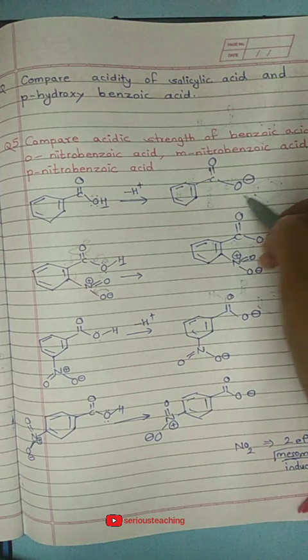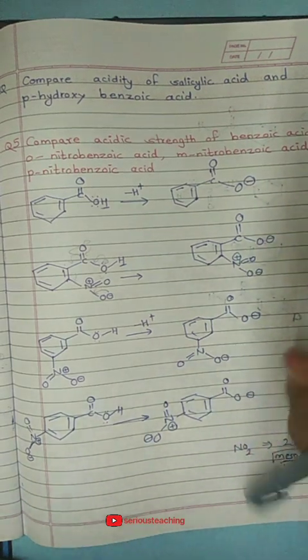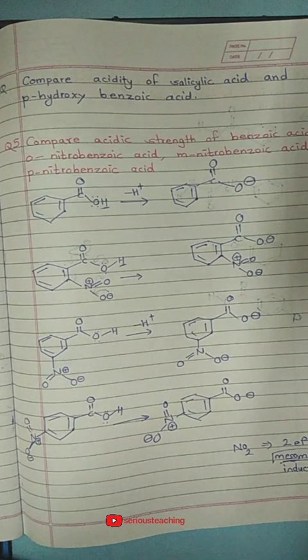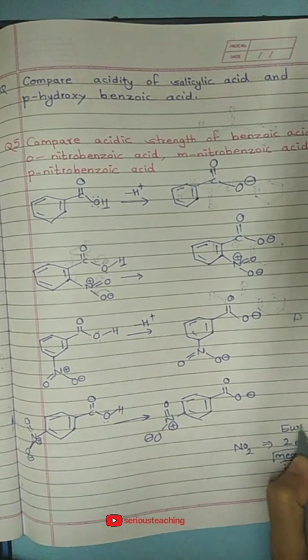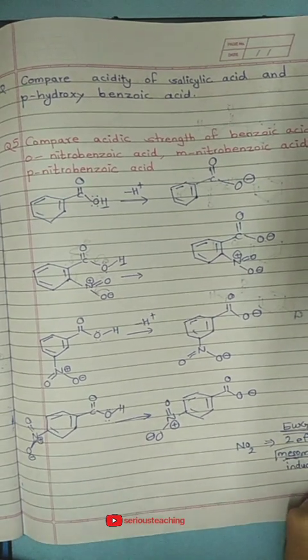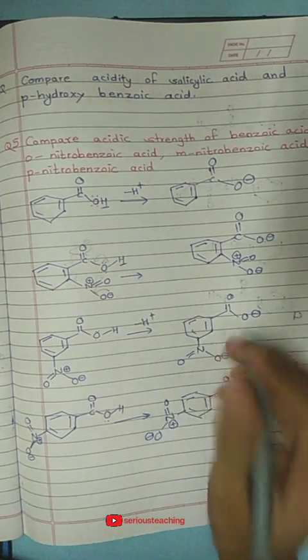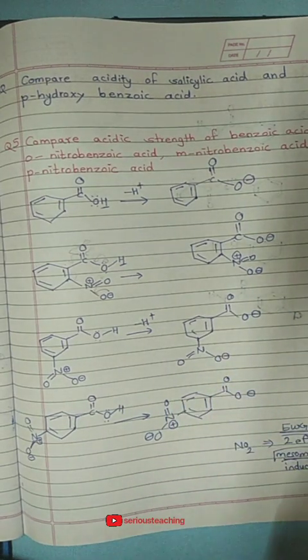So first of all, in all these compounds, the nitro group is present. Therefore, in all these compounds, the nitro group will act as an electron withdrawing group, because by mesomerism and by inductive effect, both the effects, the nitro group will pull electron density.